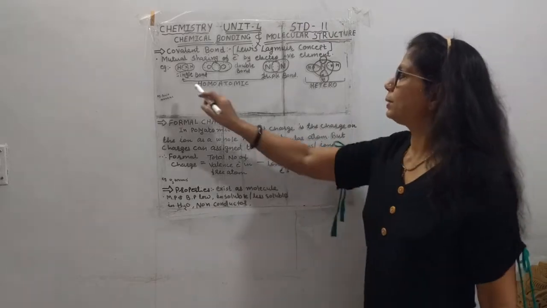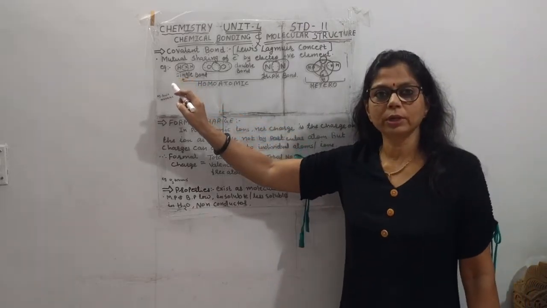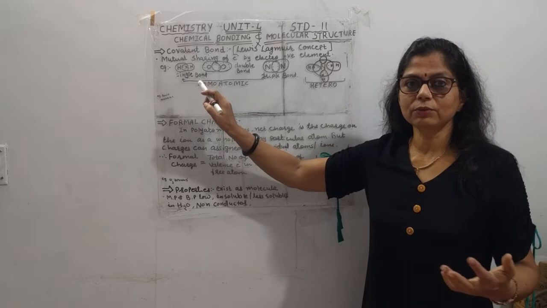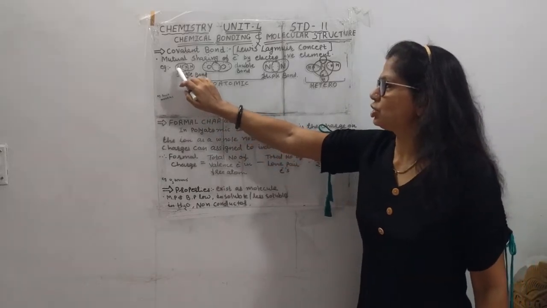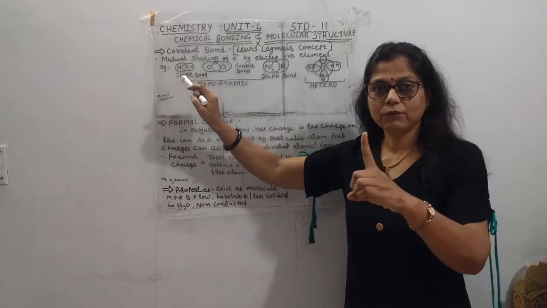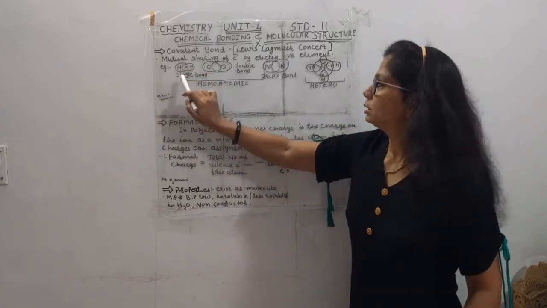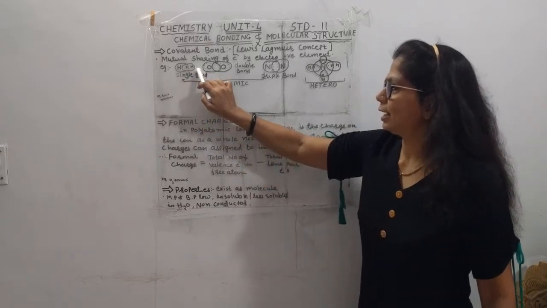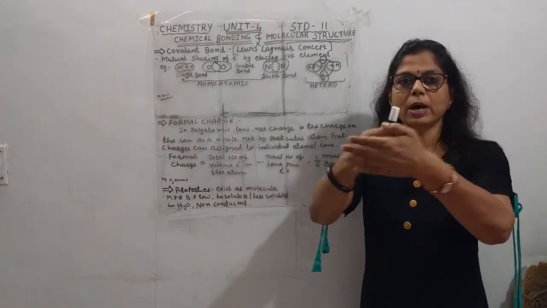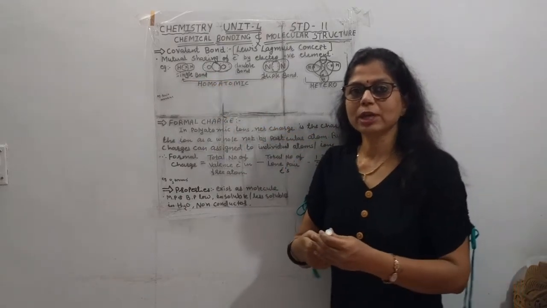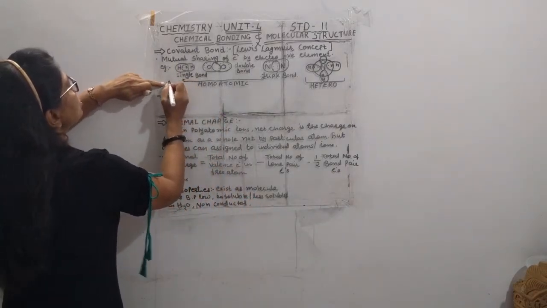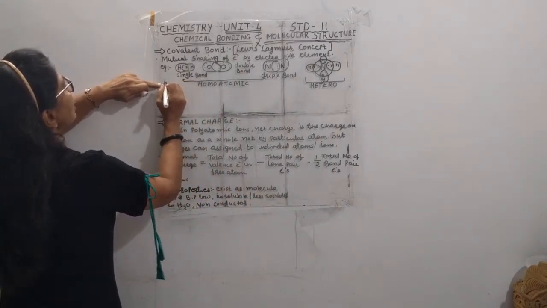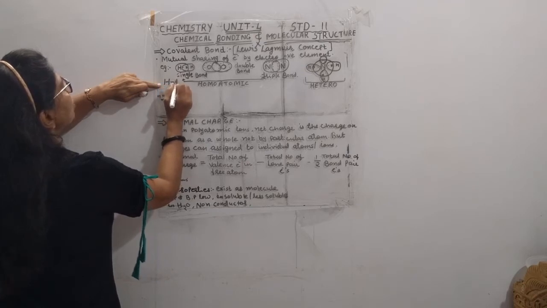Some of the examples I have drawn over here. So we can start with the H2 molecule, student. As you know, H has one electron. So this H and another H bind together to form the H-H molecule, and we have the H2 molecule. So here we have the sharing of one electron.